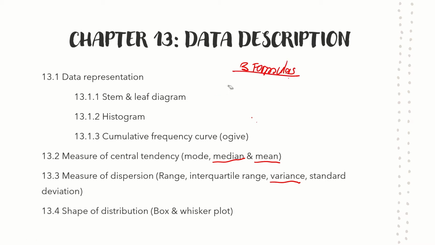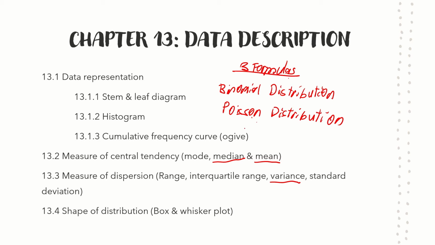The first formula is the binomial distribution formula. The second formula is Poisson distribution. And the third formula is the chi-square test. Only these 3 formulas. The first 2 you learned in chapter 3, and the chi-square is learned in chapter 6.